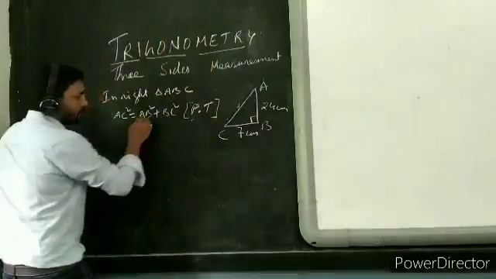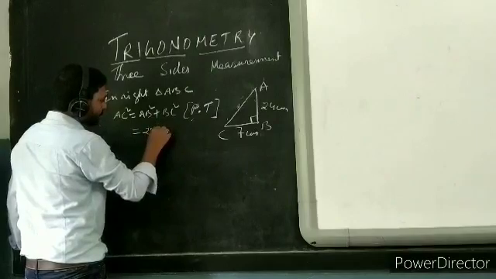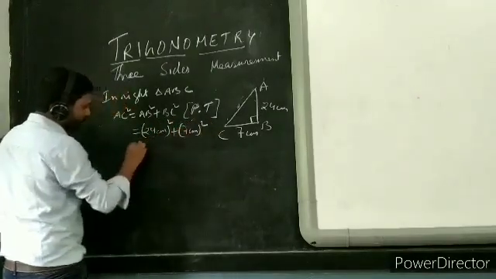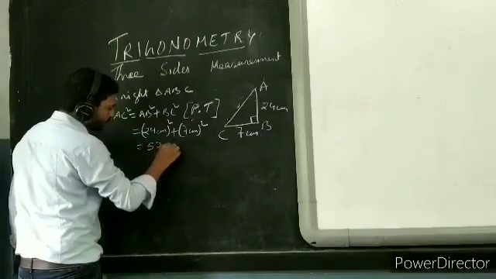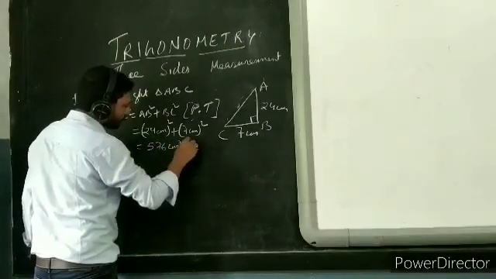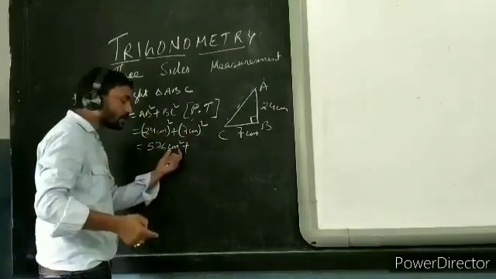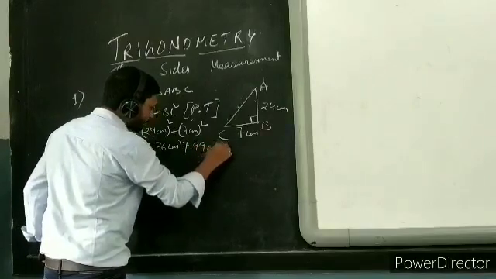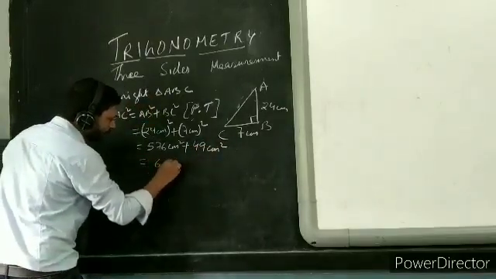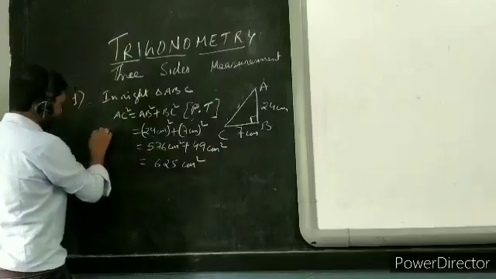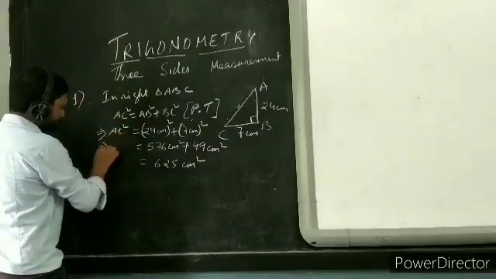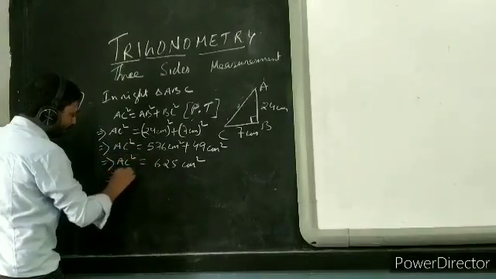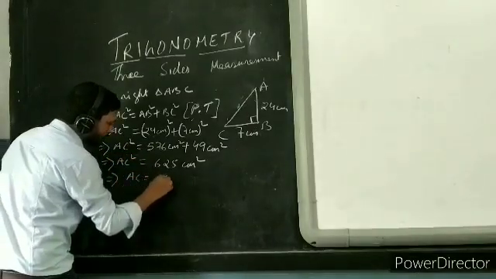Now, AB is 24 centimeter square, BC is 7 centimeter square, which is going to come 576 square centimeter plus 49 square centimeter, and it is going to come 625 square centimeter, which implies AC square is equal to 625 square centimeter, which implies AC will come 25 centimeter.